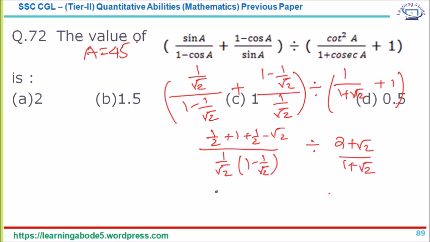If you add this, we get 2 minus root 2 by 2 root 2, divided by 2 plus root 2 by 1 plus root 2.